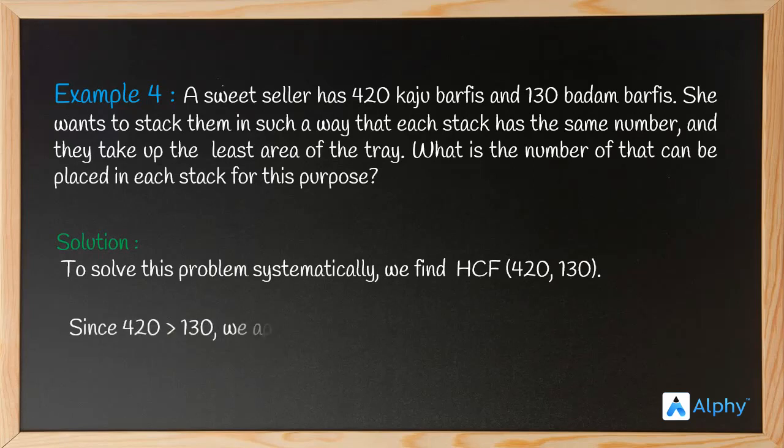Since 420 is greater than 130, we apply the division lemma to 420 and 130. The first condition in Euclid's division lemma is that the greater number is considered the dividend. So on applying the lemma, we get 420 = 130 × 3 + 30.